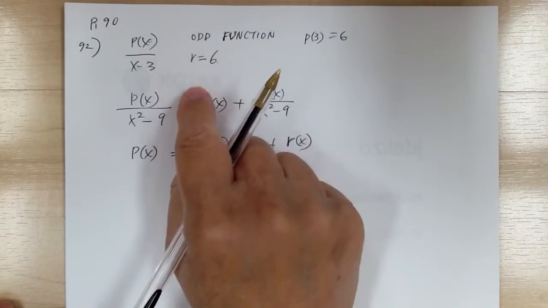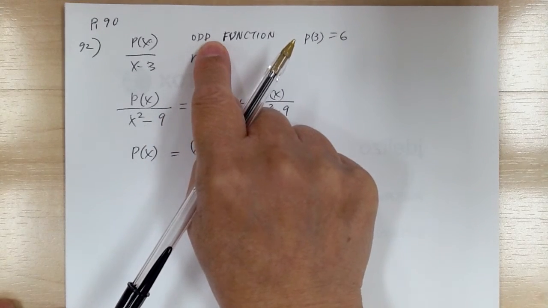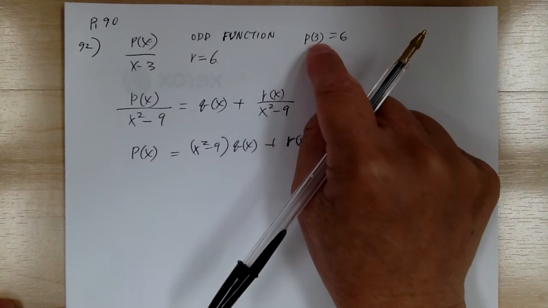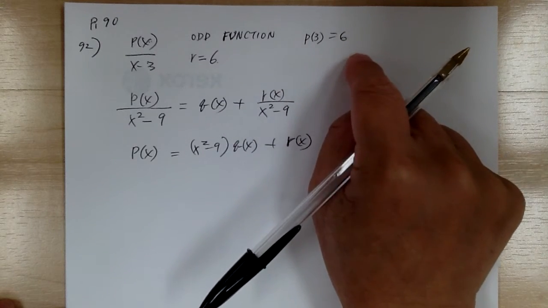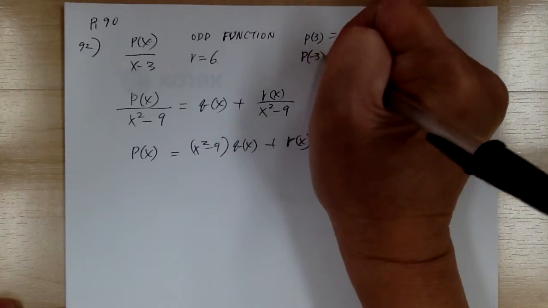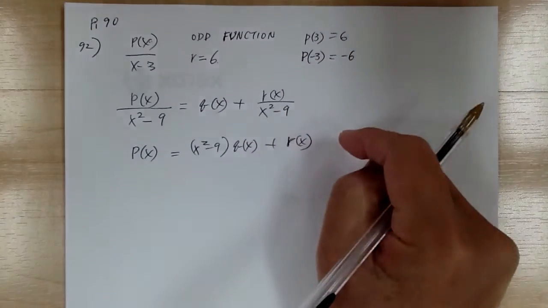Again, remainder theorem. Now, for an odd function, p of negative x gives you the negative value. So because it's an odd function, p of negative 3 will give you negative 6.